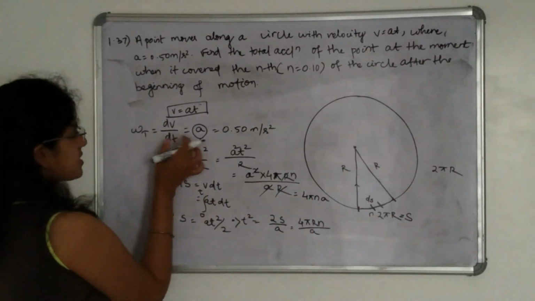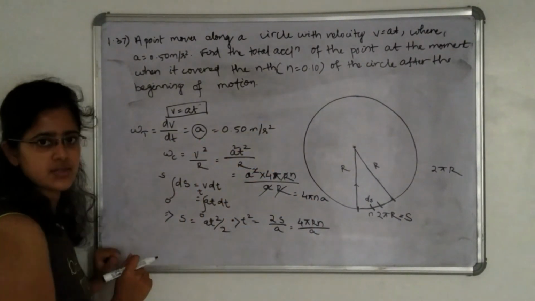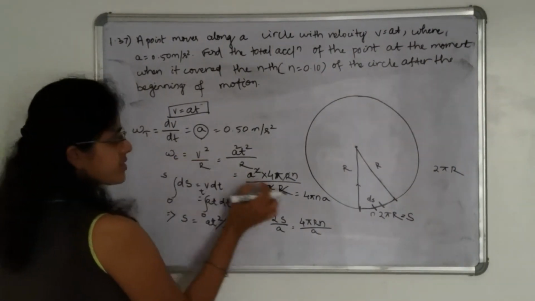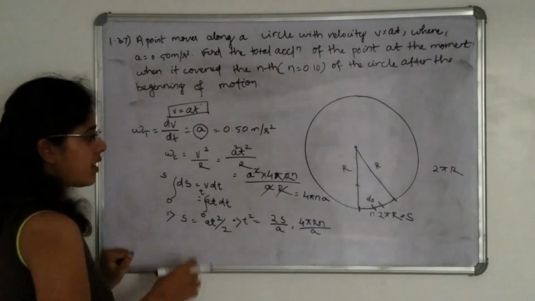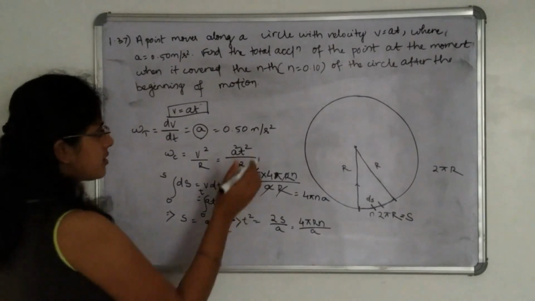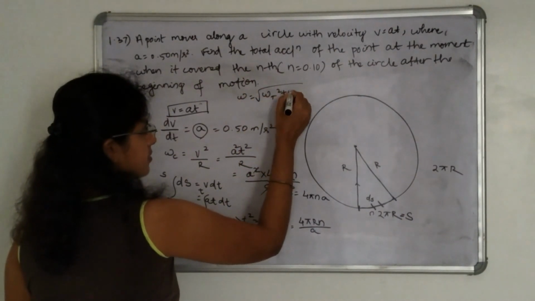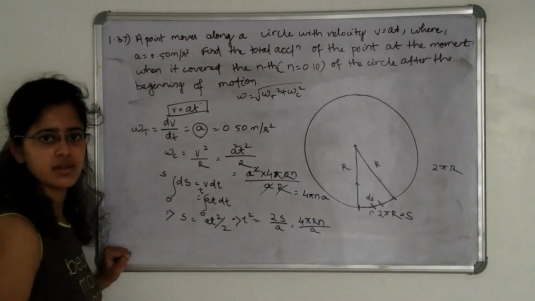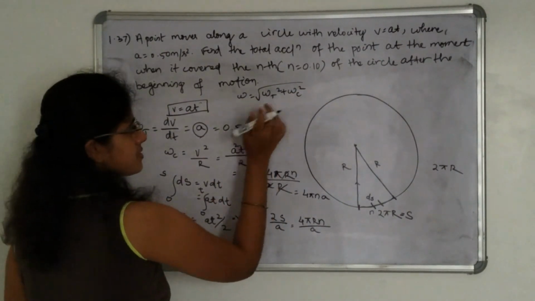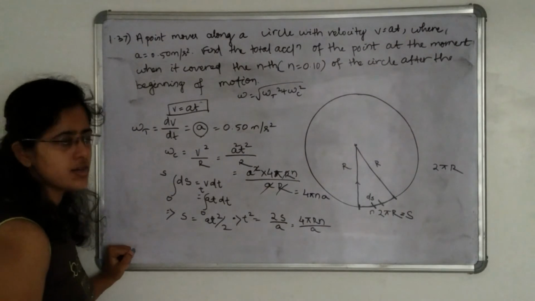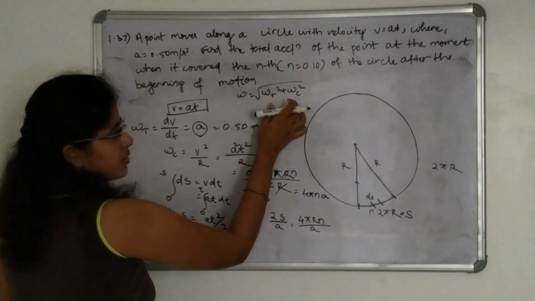So tangential acceleration is 0.50 meter per second square. It is constant. Centripetal acceleration is also constant. How do we get total acceleration? Omega is equal to root over of omega tangential squared plus omega centripetal squared, because the angle between tangential and centripetal acceleration is 90 degrees. So simply root over of the square of both of these terms.